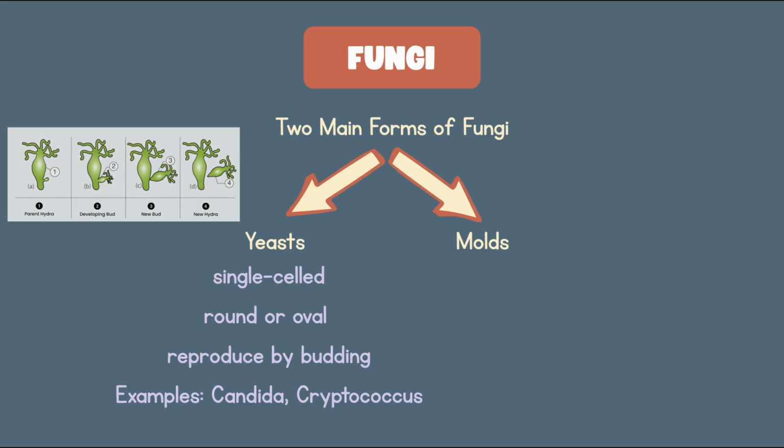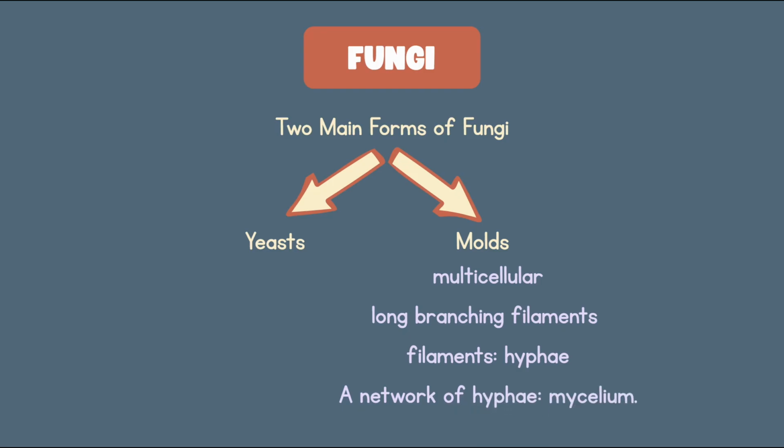Moving on to molds. Molds are multicellular fungi, and they grow as long branching filaments, and we call these filaments hyphae, and a network of these hyphae is called a mycelium. Now, it's important to note that fungi are a little bit difficult to visualize using regular stains.